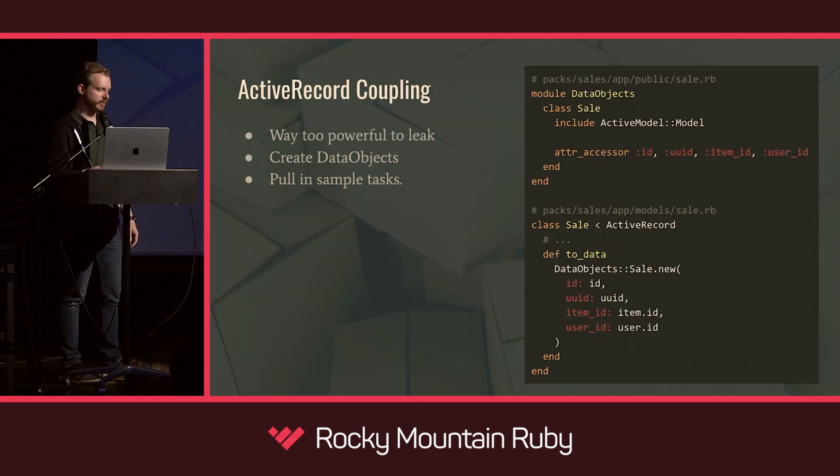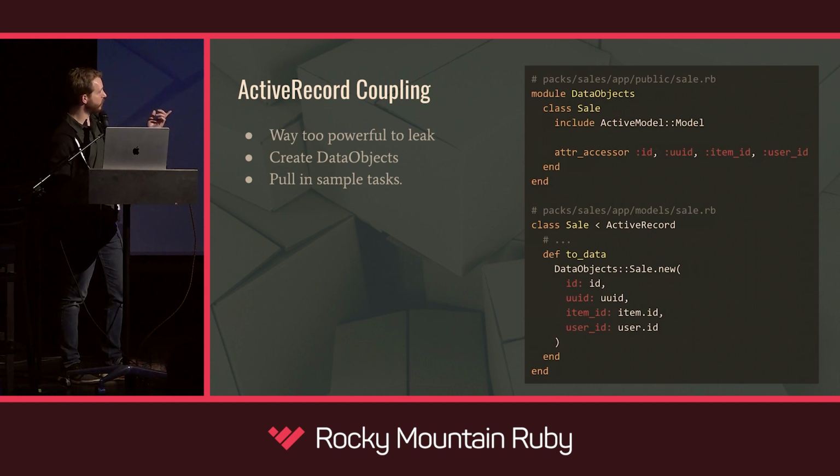Okay, so here we have an example of one of these data objects. We've got an active record sale here, and then I've got this data object sale that includes active model, and it has a bunch of attr_accessors. So that is just our plain old Ruby object, and then down in the sale active record, we've got a toData method that initializes one of these data object sales and passes to it just plain old IDs, UUIDs, and it determines what gets into that public interface.